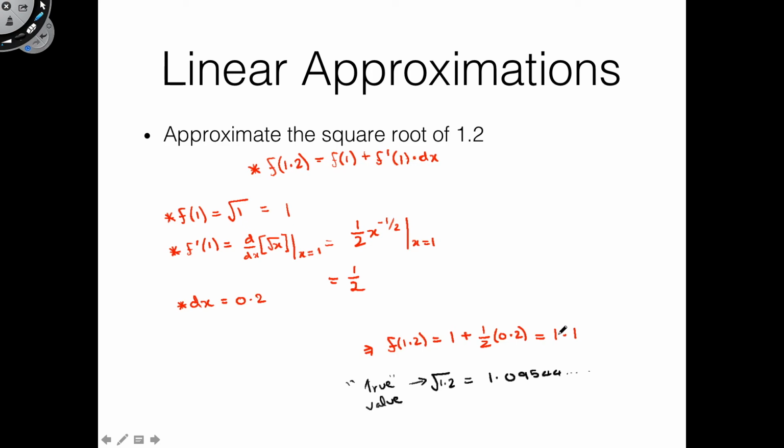Okay, and as you can see, these two things are again pretty darn close. So therefore we can say that this was a pretty good approximation. Again, just like the tangent line method, this is also a really good way to approximate the value of the function at that one point there.